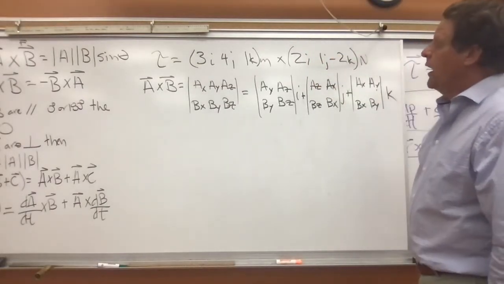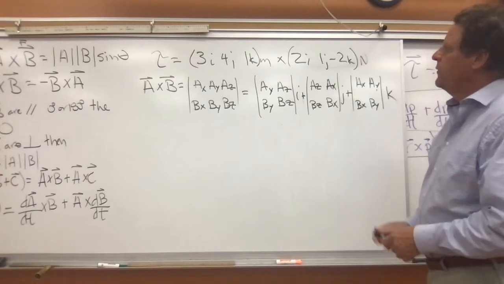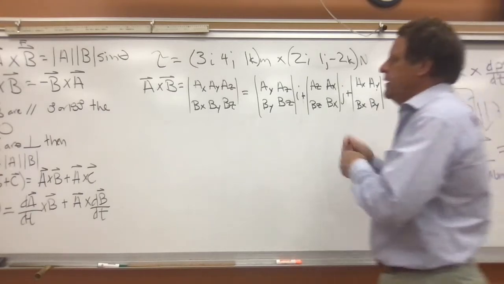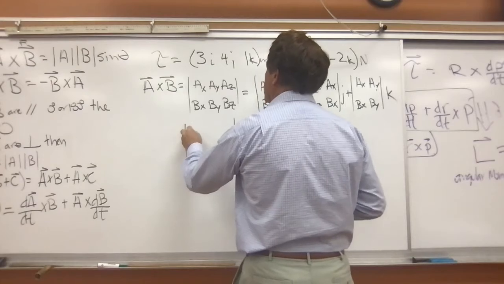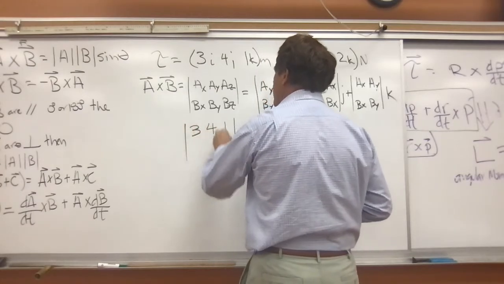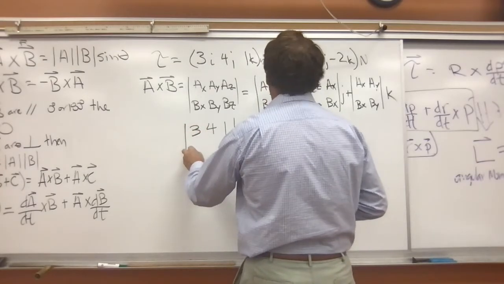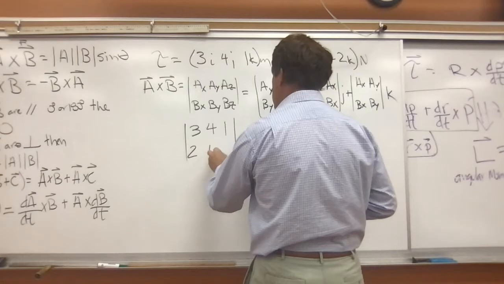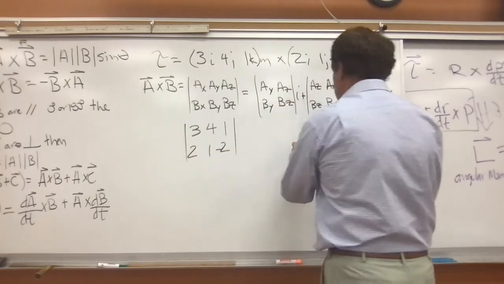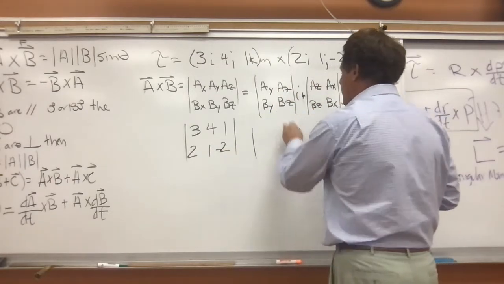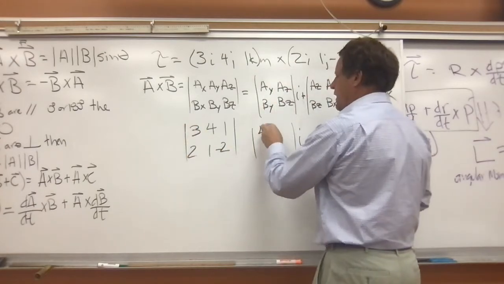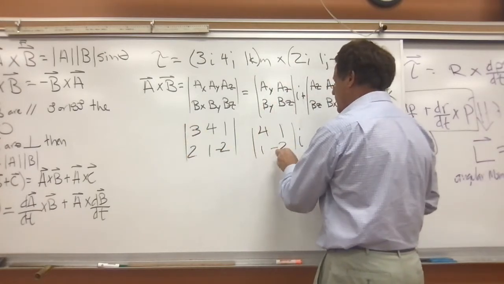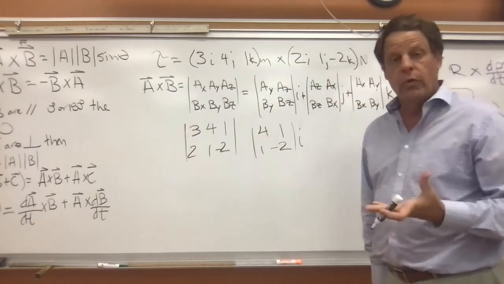Okay, so essentially once we have these numbers set in here, let's just talk about this being 3, 4, 1, and 2, 1, negative 2. If we want the i direction, essentially we're covering up the i column and we're saying 4, 1, 1, negative 2. Now we're going to do the actual cross.